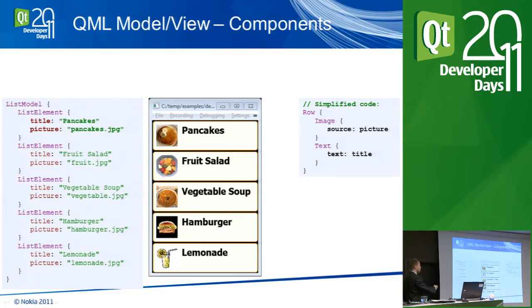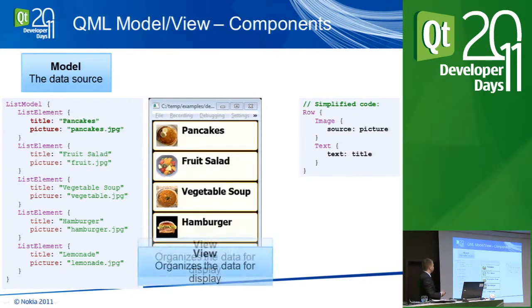So this is our model. This is the final view. And these are our delegates. Or this defines the delegate that we are using for rendering each of these items of our model.